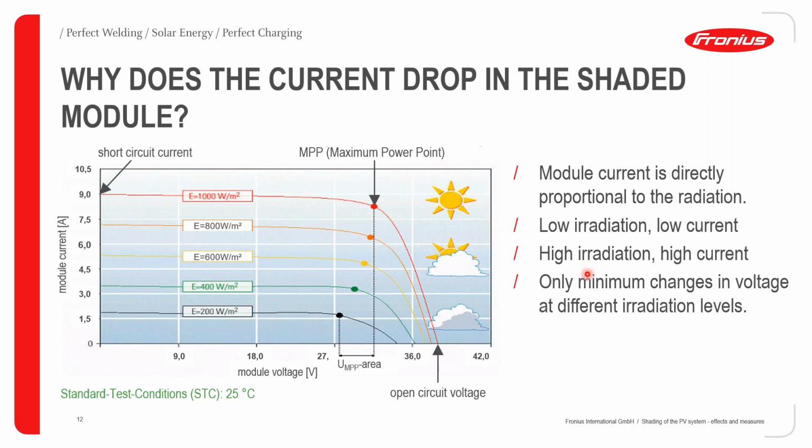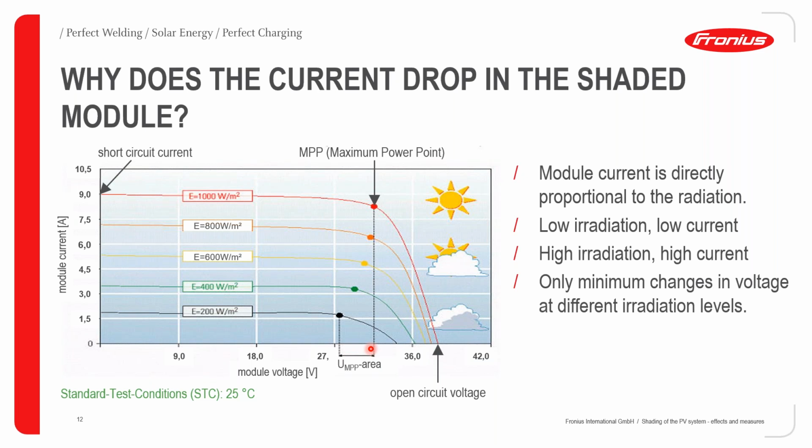One very important point to note here is that there's only a minimal, differential change in the voltage level when all this is happening. That is between the drop from 1,000 watts per meter squared irradiation to 200 watts per meter squared. If we look closely, the differential in voltage level is from about 28 to about 32.